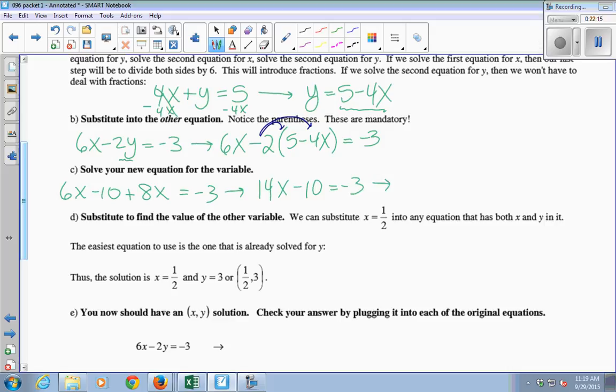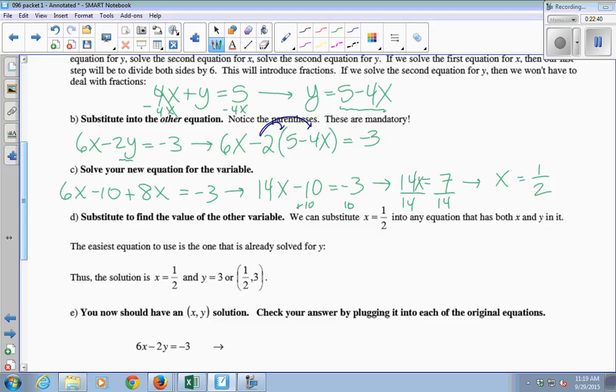Then what? Add 10 to both sides. So I get 14x equals 7. And then divide by 14. So those cancel, and you get x equals 7 over 14, or 1 over 2, or 0.5.